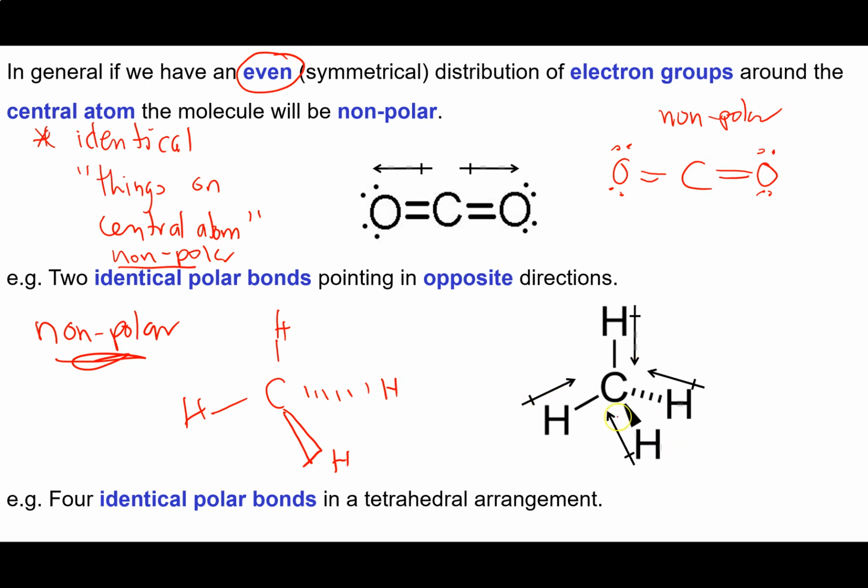Now, if I do draw the arrows in and think about it, they will all cancel out and there isn't a net positive or negative end to this molecule. The hydrogens will all be a little bit positive. They're all going to be on the outside. The carbon in the middle there is a little bit negative. There's no one end of this molecule that is positive and one end of the molecule that is negative.